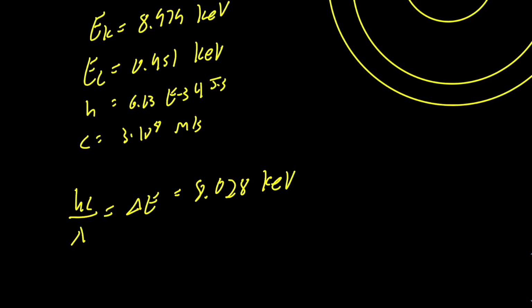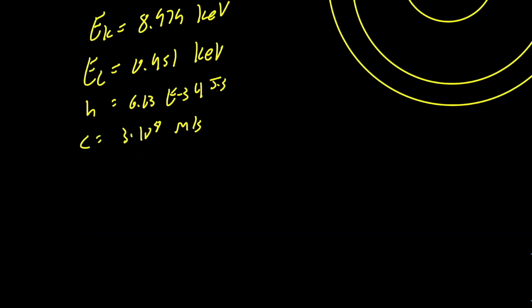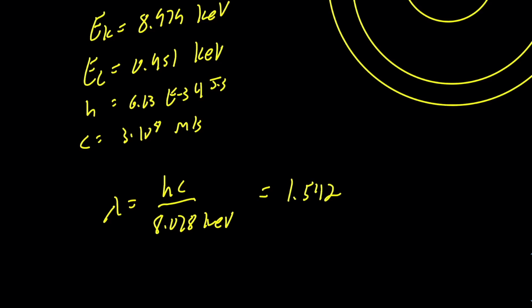Now let's remember that number, because we have the change in energy, we can solve for lambda, where lambda is equal to hc over 8.028 keV. And we know our constants. Let's plug them in, and we should have 1.542 times 10 to the negative 10th meters.